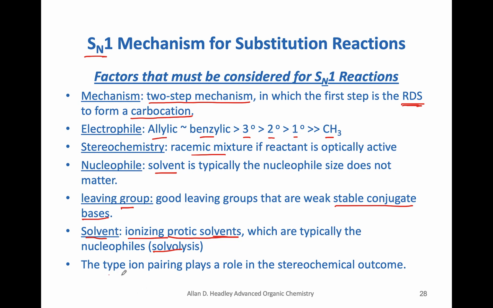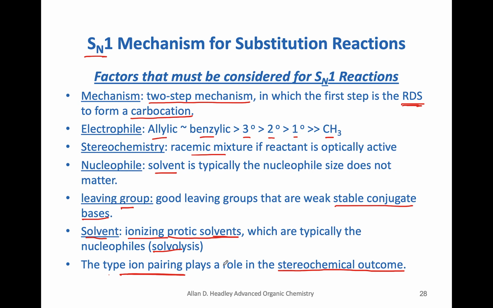And the type of ion pairing, as we have seen, plays a very important role in the stereochemistry outcome of a reaction, or in general the outcome of a reaction. So we have three types of ion pair: the tight ion pair, where the leaving group is very close to the carbocation, very tight, but the entire pair is solvated.